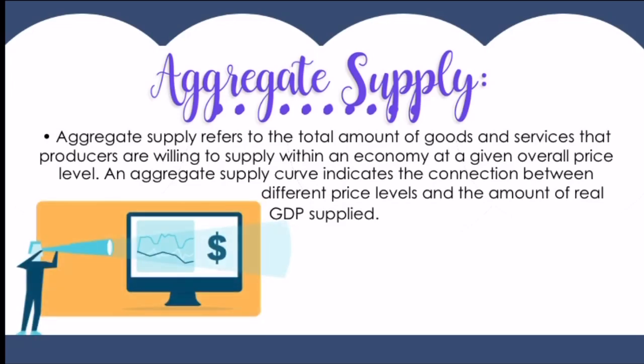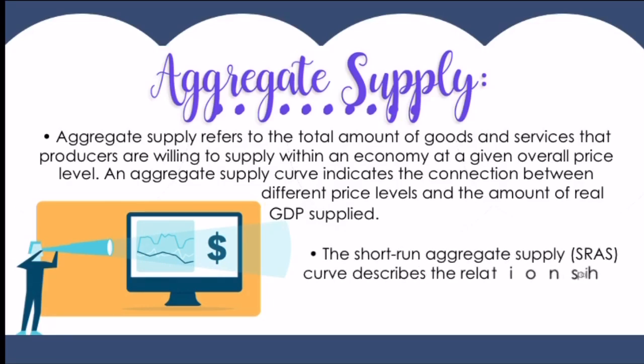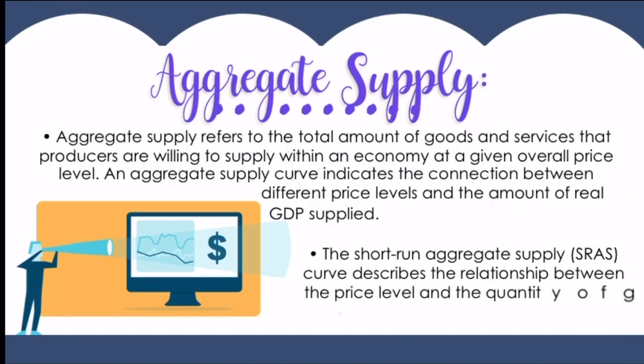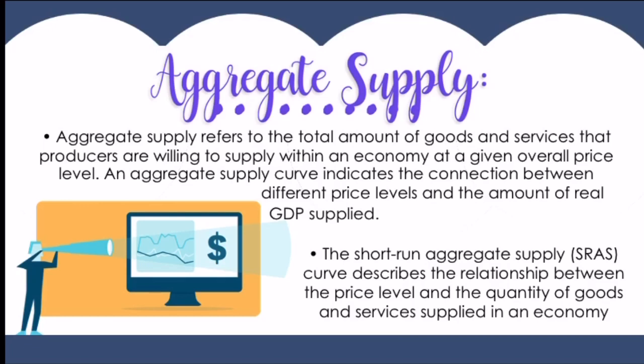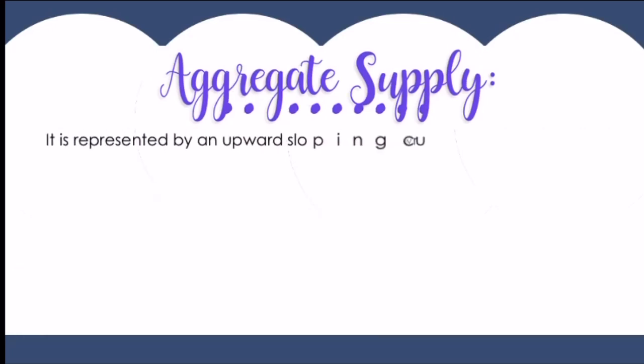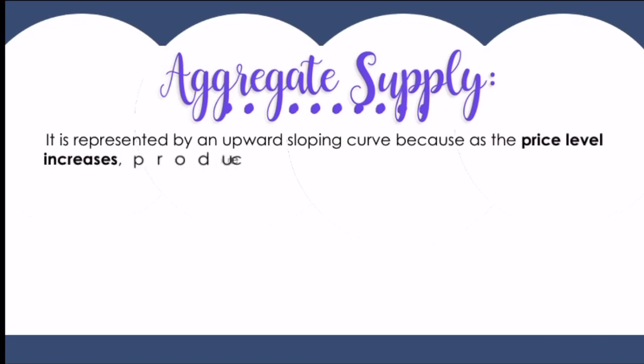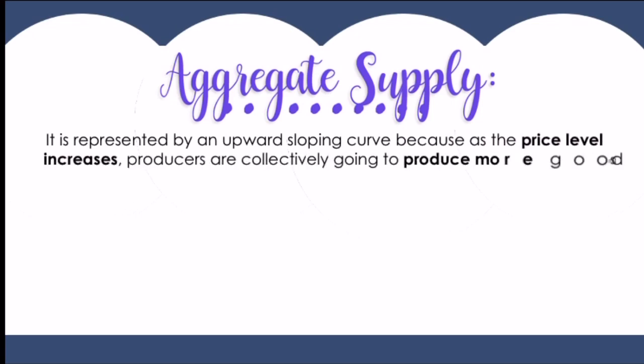There are actually two curves to represent aggregate supply, the short run and the long run. The short-run aggregate supply curve describes the relationship between the price level and the quantity of goods and services supplied in an economy. It is represented by an upward sloping curve because as the price level increases, producers are collectively going to produce more goods and services.